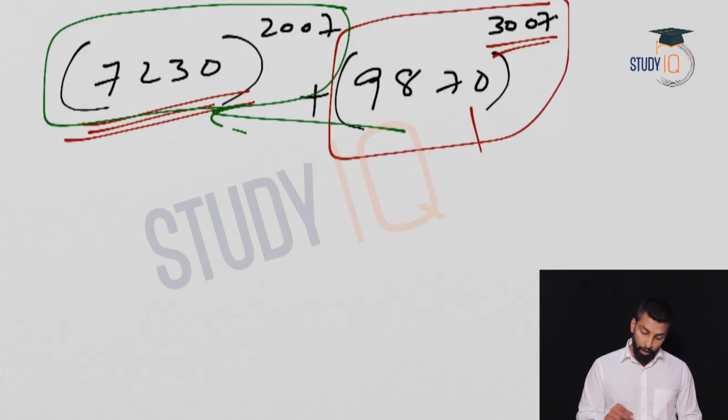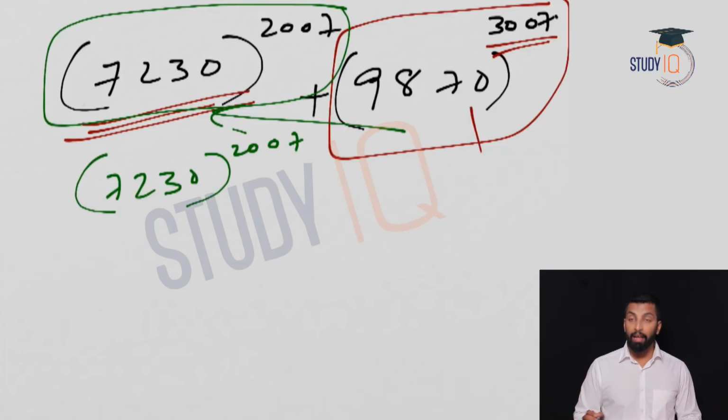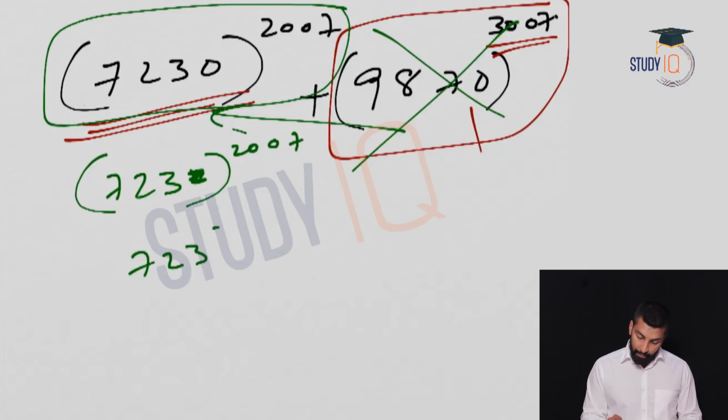So as I told you earlier, you need to find the last non-zero integer of 7230 raised to 2007, because the other number is not important. Last non-zero means the zero is not important. So this is 723 raised to 2007. Last digit is what you need to find. Since it is last digit, this 2 is not important.